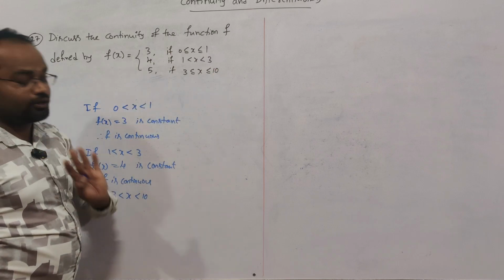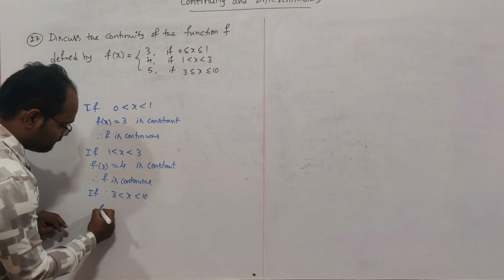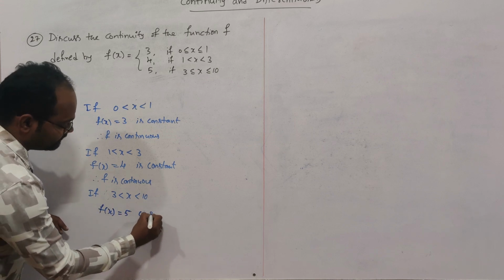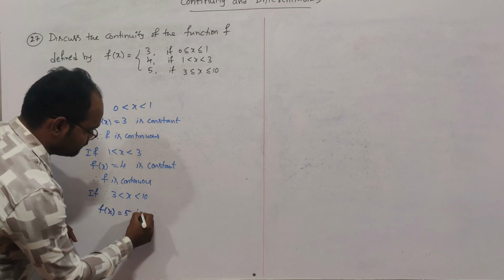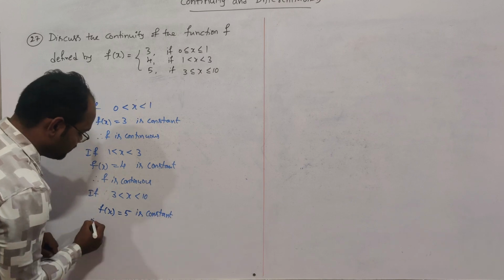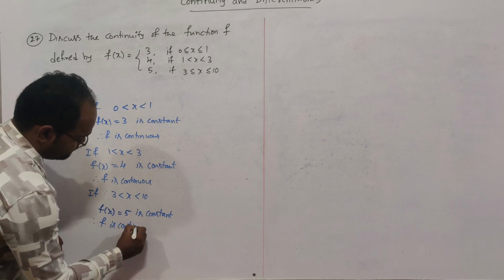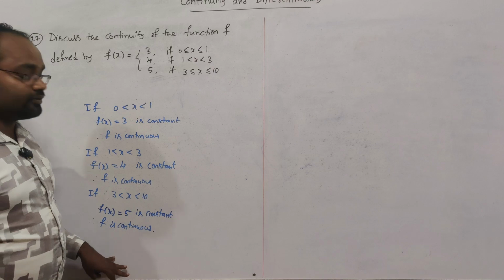So don't include 10 also. So 3 less than x less than 10 ge f of x again it is 5, constant. So therefore f is continuous. F is continuous at this point.